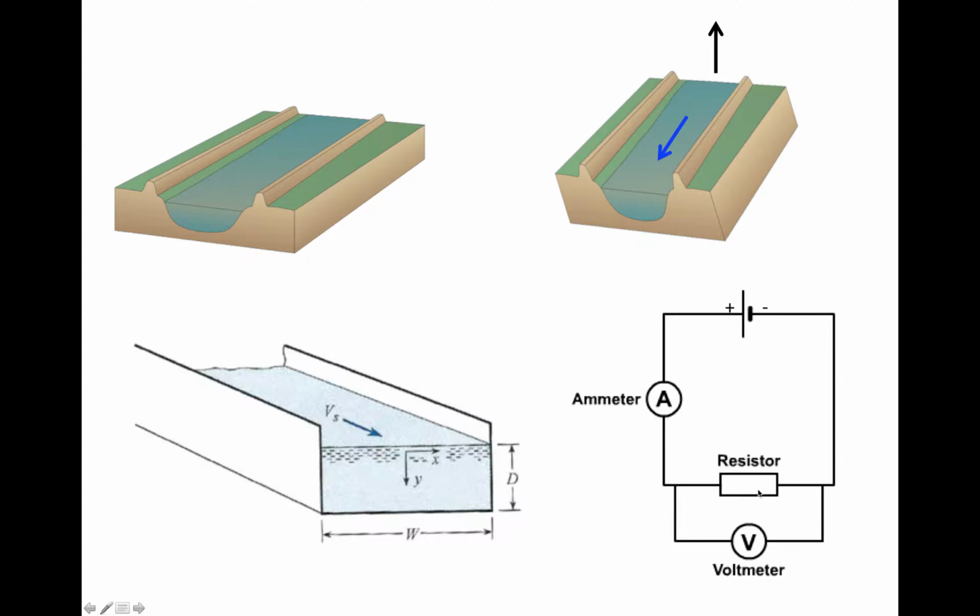Those are components. If we measure the amount of positive charges passing through a certain point on the circuit within a unit amount of time, what we obtain is the electric current. Basically, electric current is just how many positive charges are passing through a certain point within a unit amount of time.